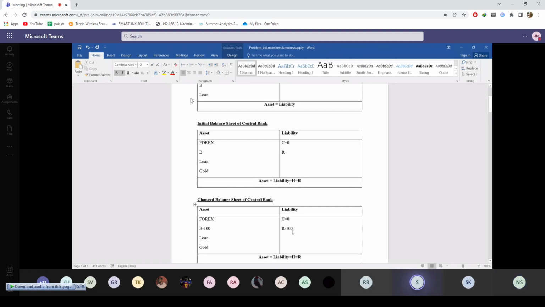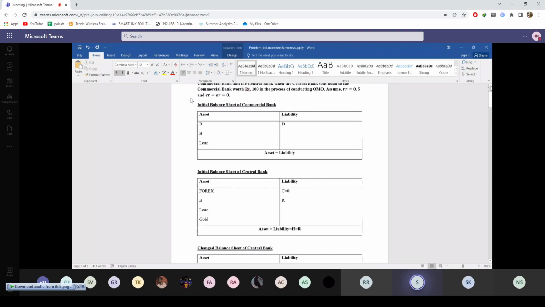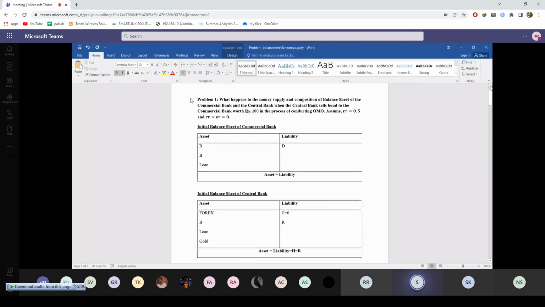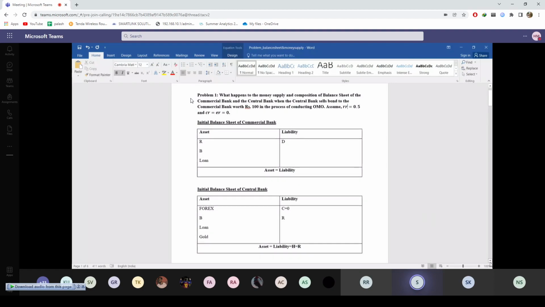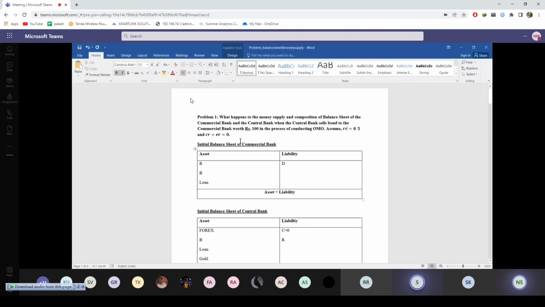Okay. बाकी मैं नहीं दिखाऊंगा. Everybody should do it. Next part is what happened. What is going to be our changed balance sheet of the commercial bank? Just like the way I have written over here the changed balance sheet of the central bank, draw a changed balance sheet of the commercial bank. करके रखो. हम लोग देखेंगे what is going to be changed over there.